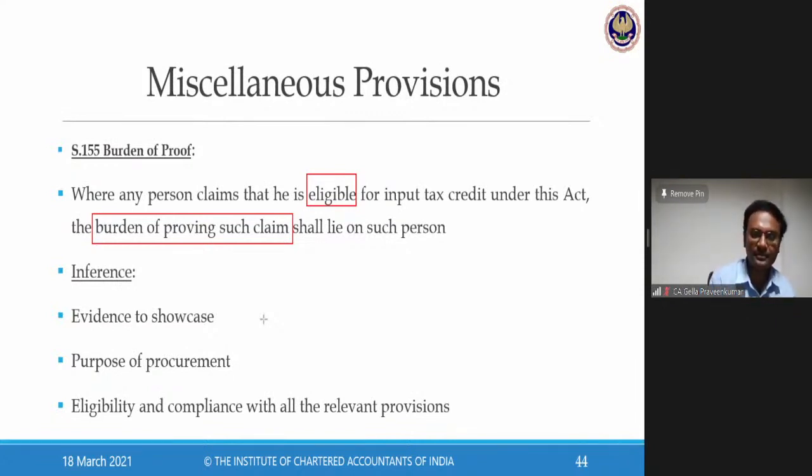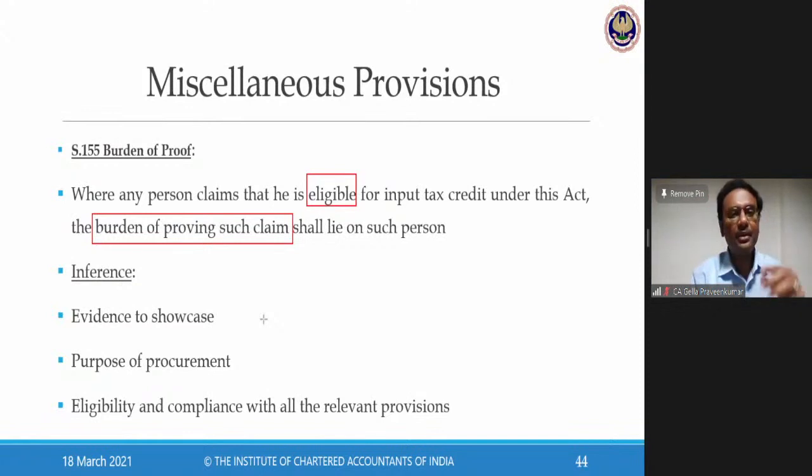Second aspect: receipt of goods, receipt of services. I have claimed input tax credit of say 20 lakhs on one consignment, bill to ship to model. The officer says, Praveen, you cannot take input tax credit because section 16 says goods should have been received. In the bill to ship to model, you don't have evidence to say that this consignment was received by a third party on your behalf. Burden of proof.